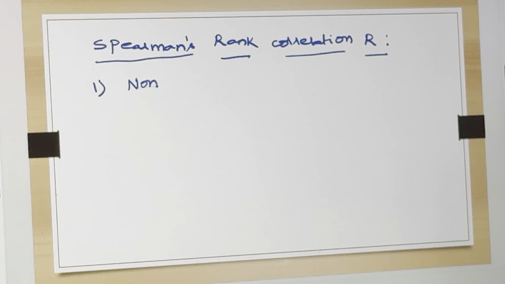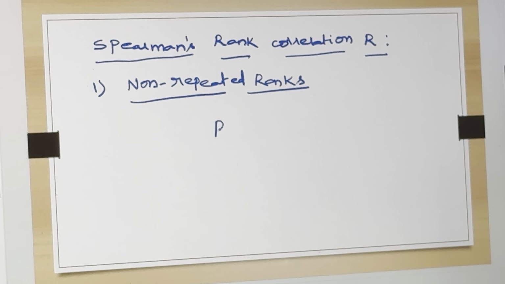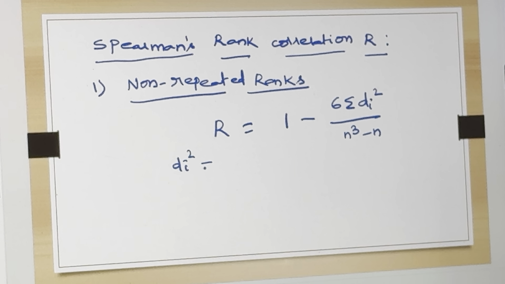The first formula is based on non-repeated ranks. The non-repeated ranks का formula है: capital R is equal to 1 minus 6 into summation di square upon n cube minus n. How do we calculate di square? Di square is nothing but r1 minus r2 the whole square.